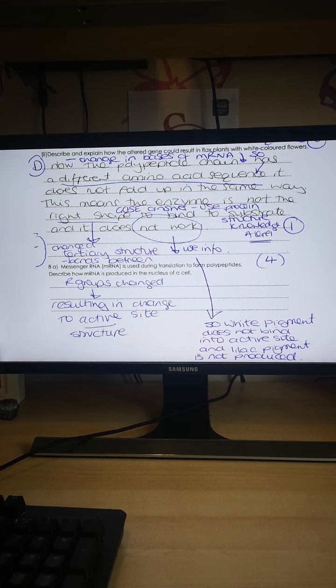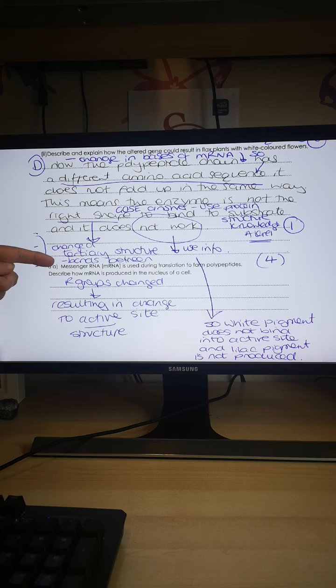Then they needed to go on to tertiary structure here. It's no good saying it won't fold up in the same way and be the right shape. It's all too GCSE. So here we're going to say this would change the tertiary structure because bonds between R groups would change position, resulting in a change in the active site structure, because this is an enzyme, remember.